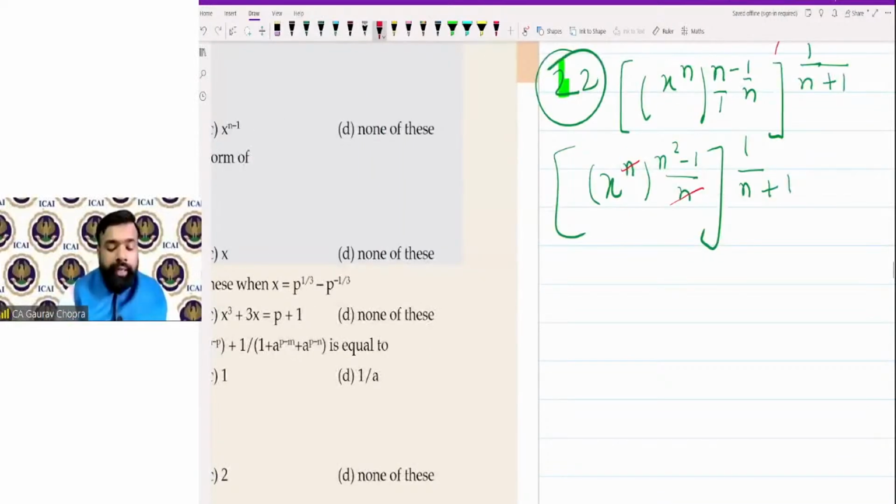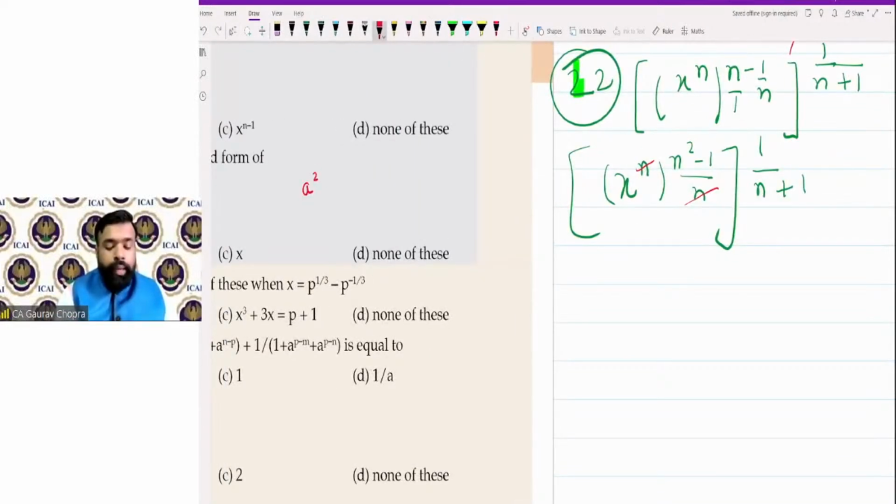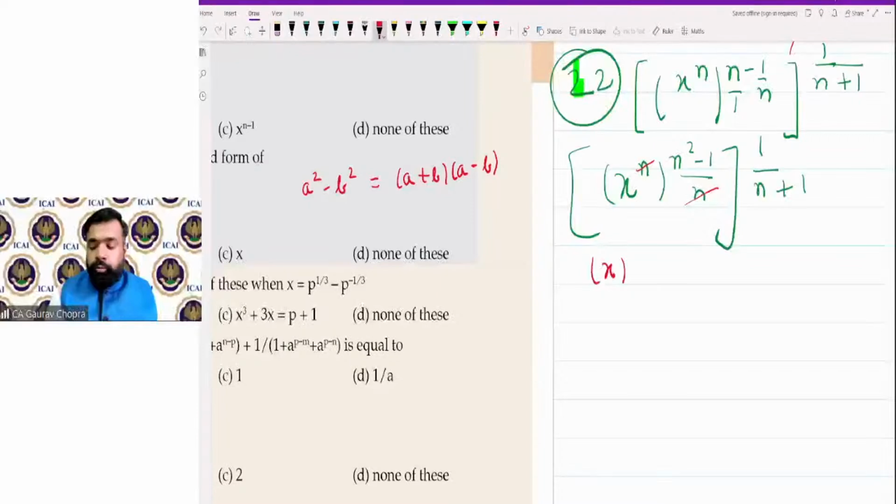Now there is one identity, a square minus b square. It is simply a plus b and a minus b. So you can apply here x to the power of n plus 1, n minus 1. And the remaining power is 1 upon n plus 1.